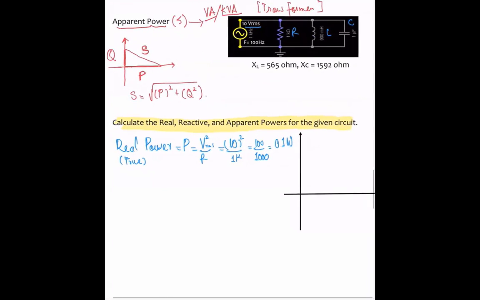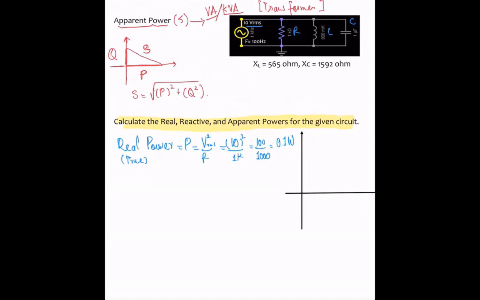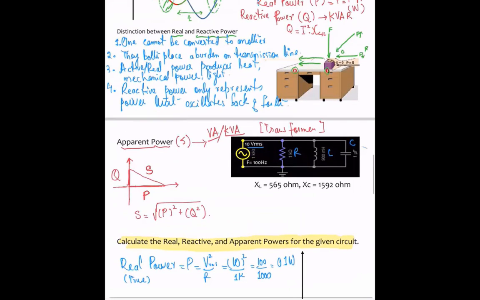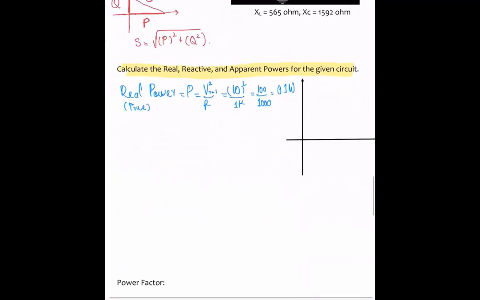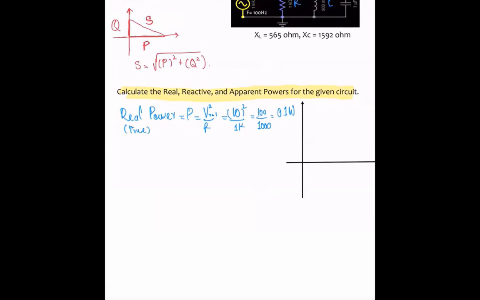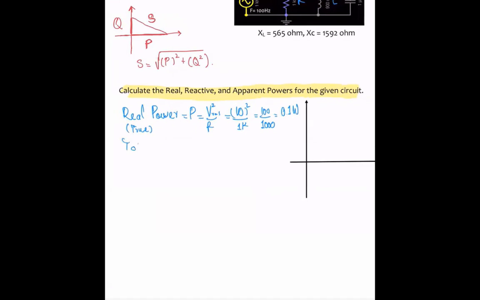Now let's work on the reactive power. What was the equation for the reactive power? It was I square times X or V square over X. But we need to find out the total reactance first.